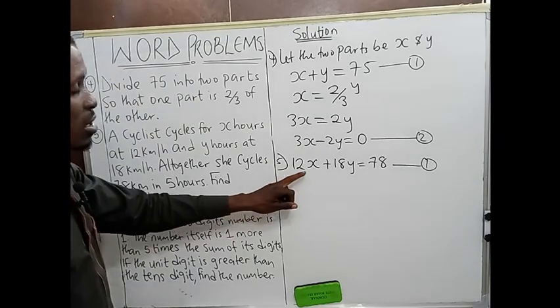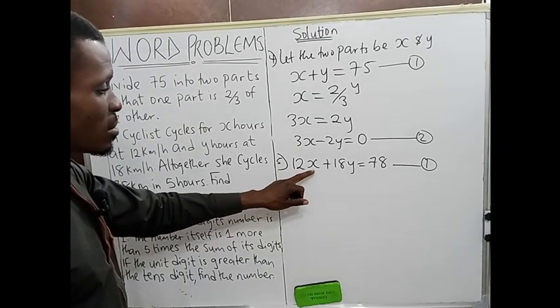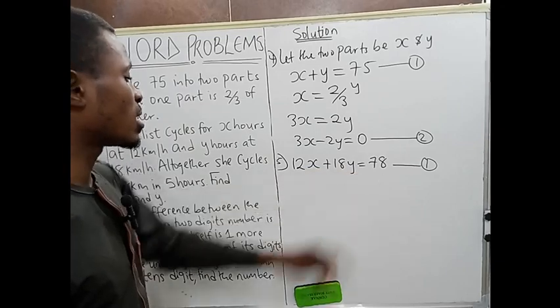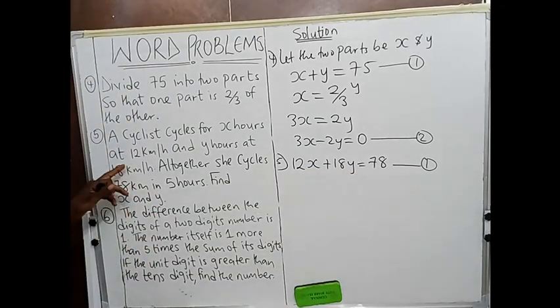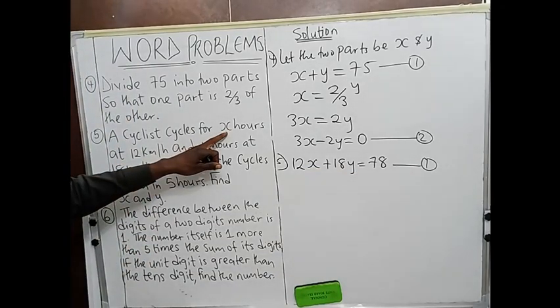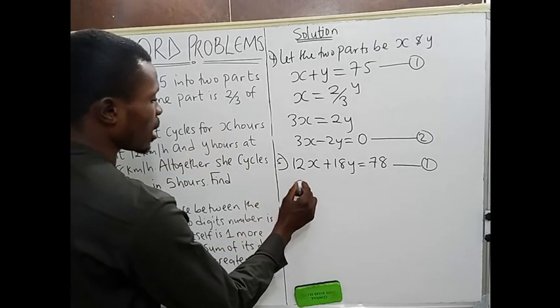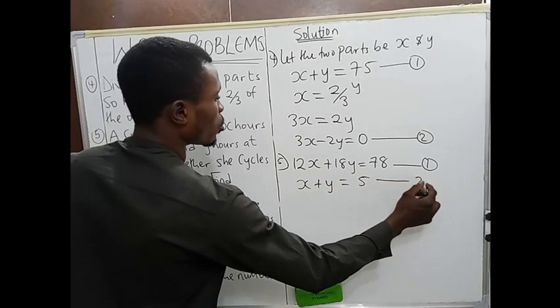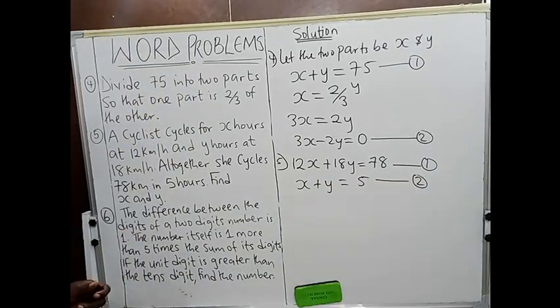All right, this is distance at X hours, speed times time. Distance at Y hours, speed times time. Total distance is 78. For the total time, we're told the time was divided into X hours and Y hours. So total time, X plus Y equals 5. Equation what? 2. Simple as that.